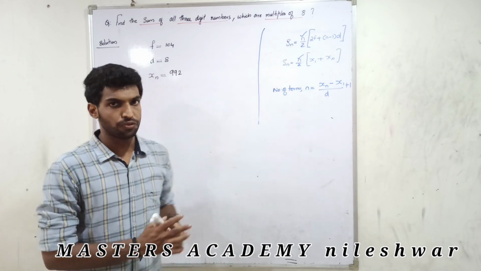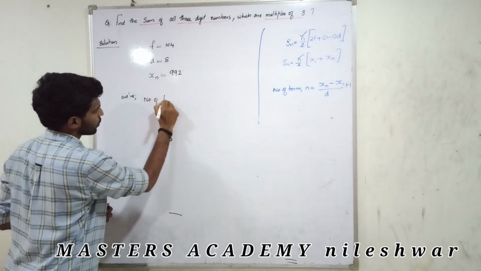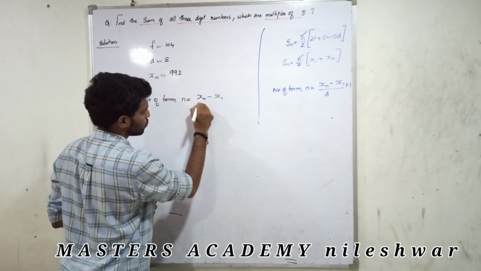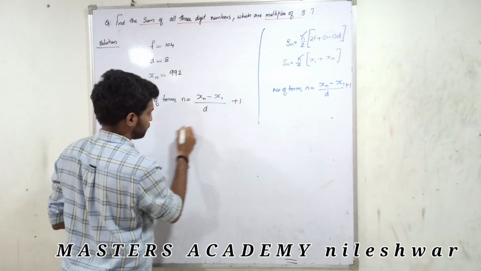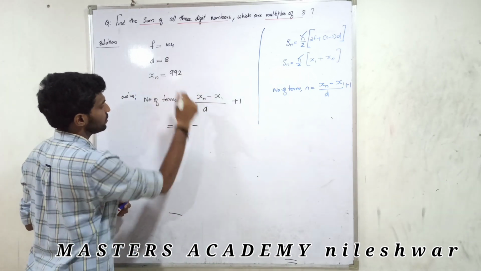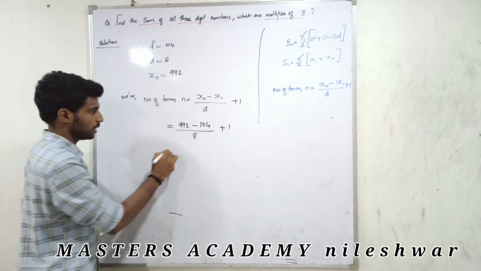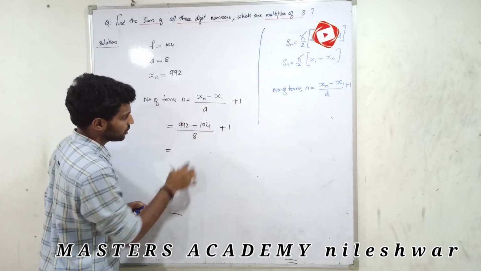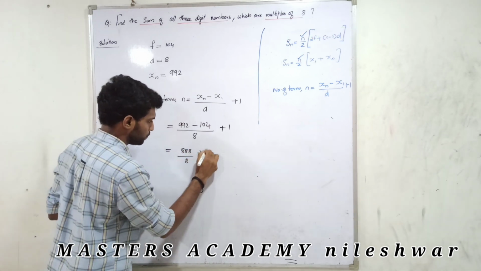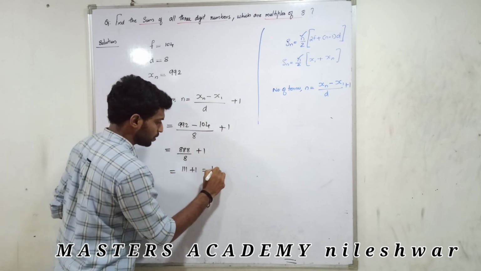So first we write the equation: number of terms n equals (xn minus x1) divided by d, plus 1, which is (992 minus 104) divided by 8, plus 1. 992 minus 104 gives us 888, divided by 8 is 111, plus 1, that is 112.